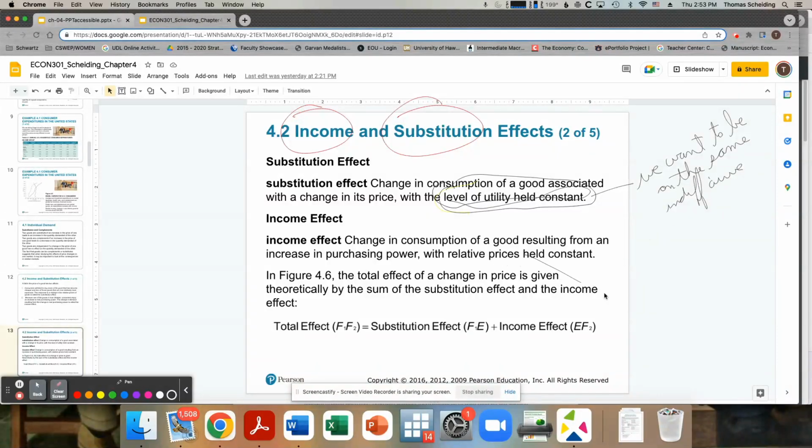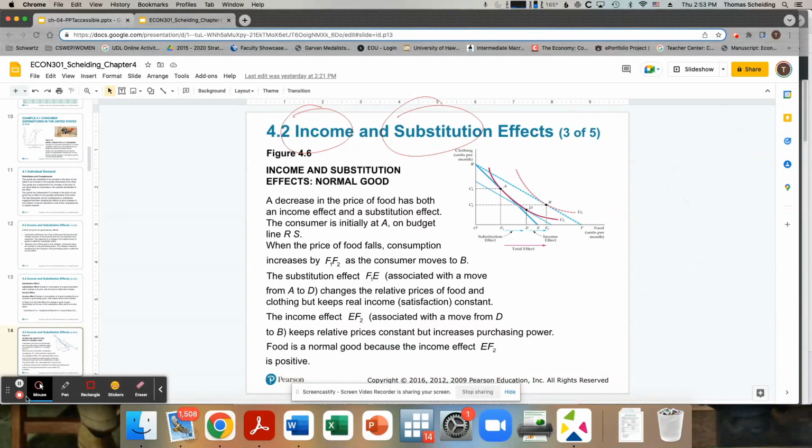And here, we want to be parallel to the original budget constraint. And we're going to see that. Because if it's parallel to the original budget constraint, that would keep the relative prices constant. And we'll see that right here.